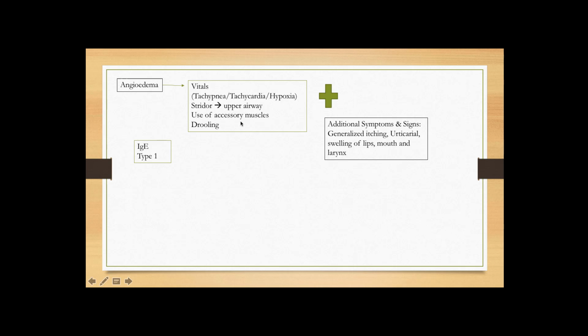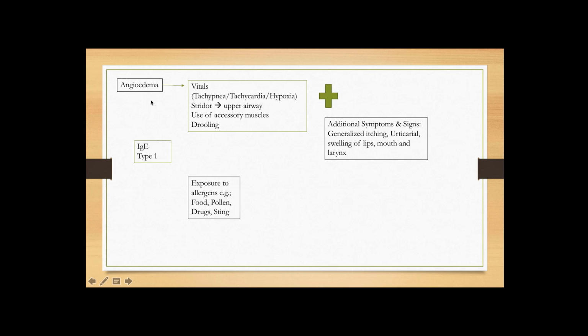So whenever you see this, how do you know that this is angioedema or acute anaphylaxis? Well, these patients have generalized itching. Usually they can have urticaria, so a rash. Then they have swelling of lips and perioral itching or tingling, which is usually a very significant feature around the mouth and the lips. And they can also have some swelling of the larynx. So whenever they have these symptoms and signs in the setting of these red flag situations, we say, okay, this is angioedema.